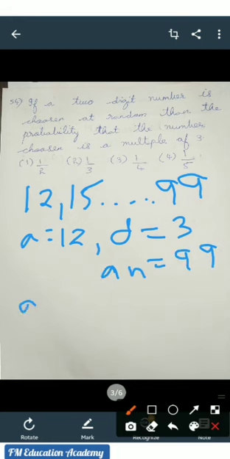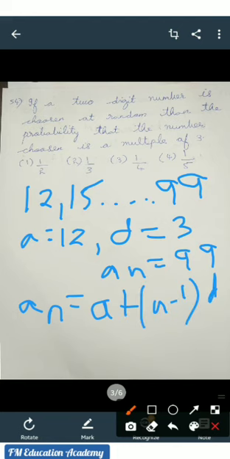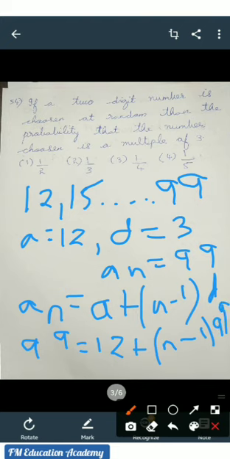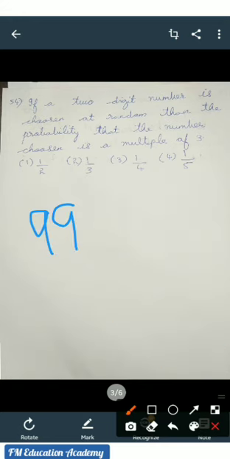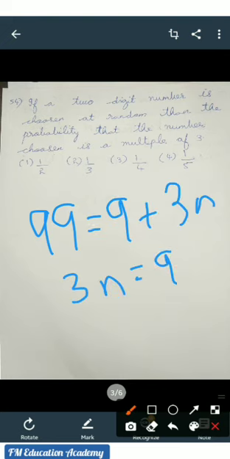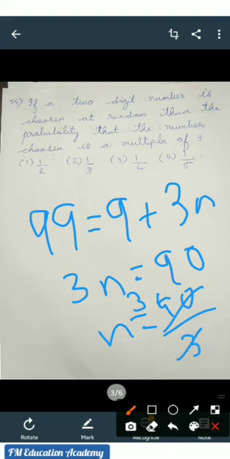Using the formula an is equal to a plus n minus 1 into d, 99 is equal to 12 plus n minus 1 into 3. If we solve, 99 is equal to 9 plus 3n, so 3n is equal to 99 minus 9, that is 90, so n is 90 by 3, that is 30. So we got the number of favourable outcomes as 30 here.